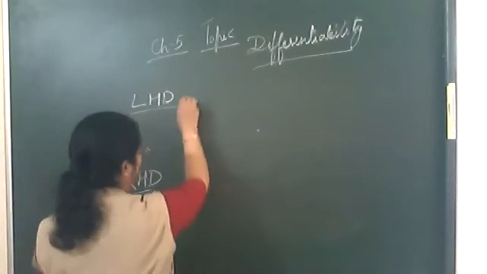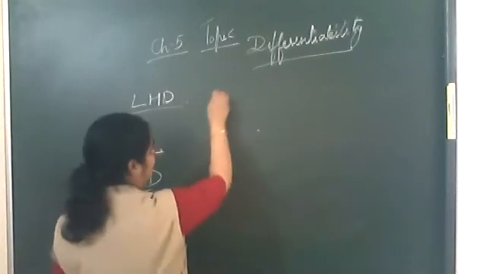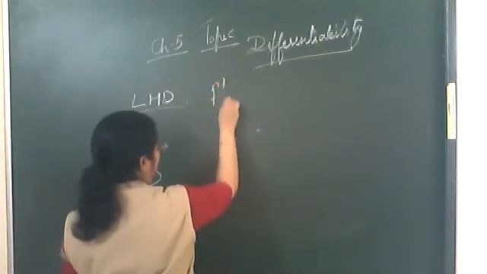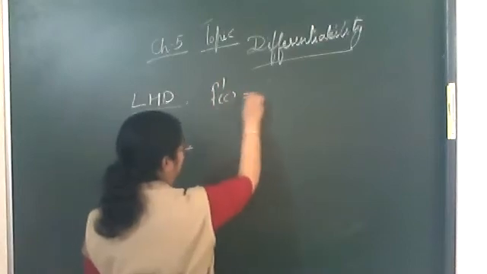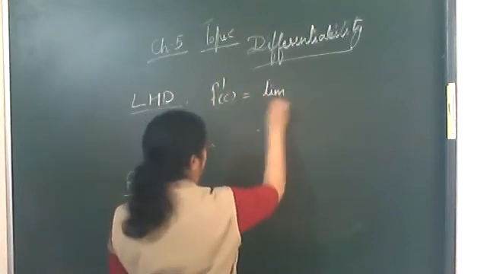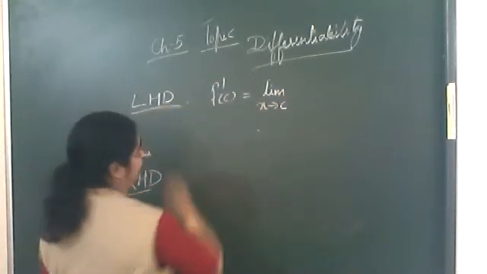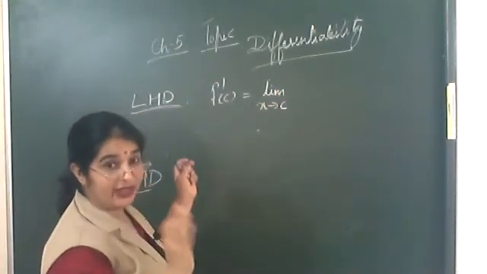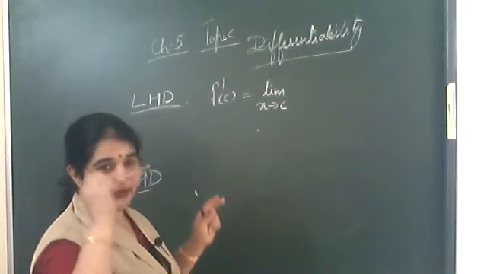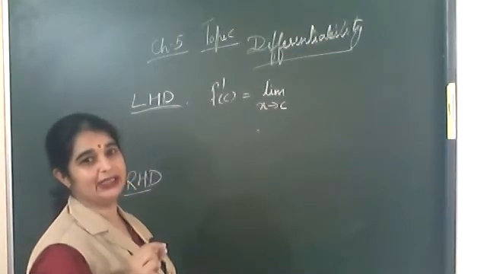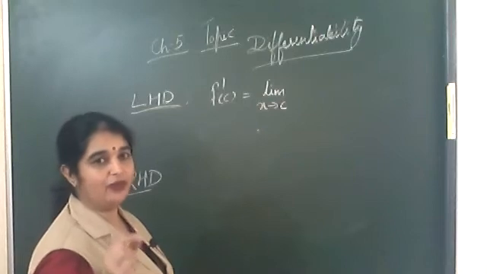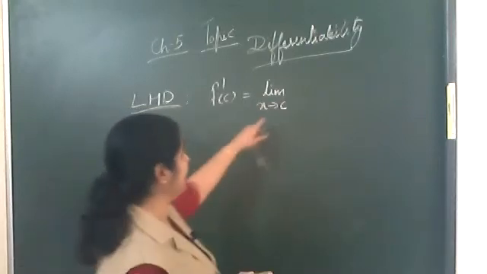Now how will we calculate the left hand derivative? What was derivative f dash c? F dash c is given by limit x tending to c. Now here we are having left hand. Left hand means what? The value of x is a little bit less than c.